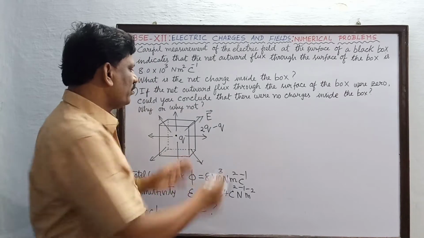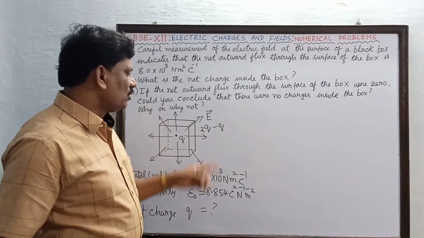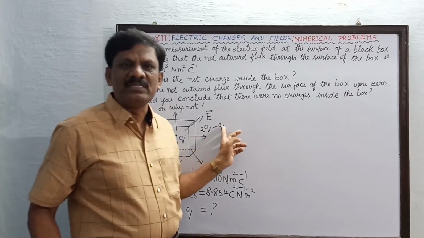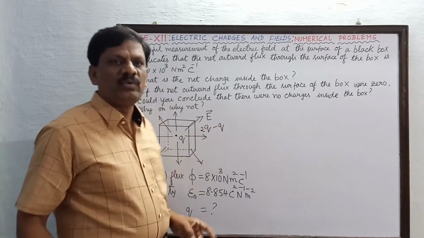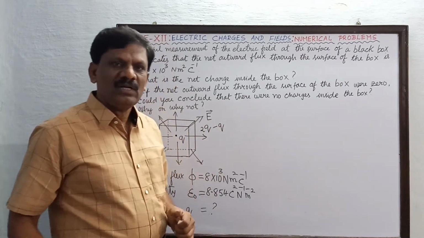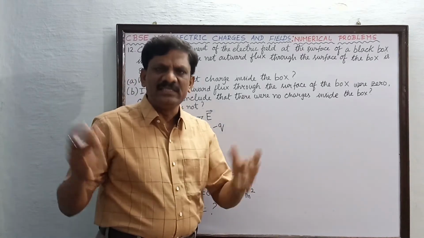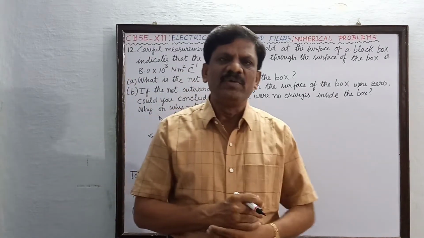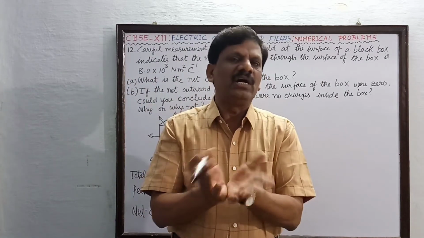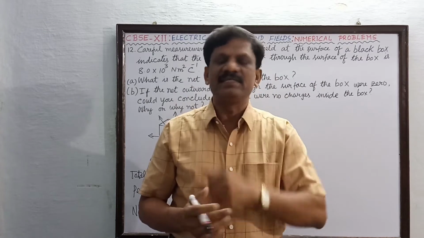Net charge means we have to add these two. 2Q is positive, minus Q is negative, so 2Q minus Q is Q coulomb. So the net charge is the algebraic sum of all the positive and negative charges, the total resultant charge present inside it.